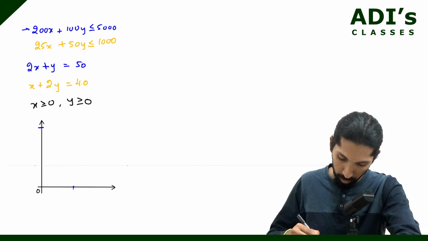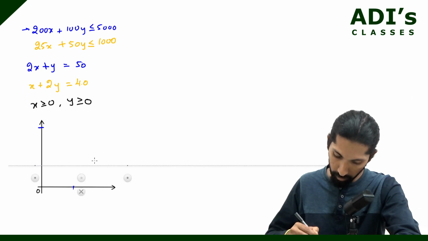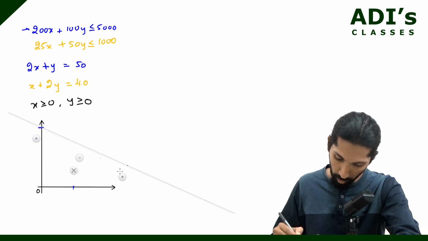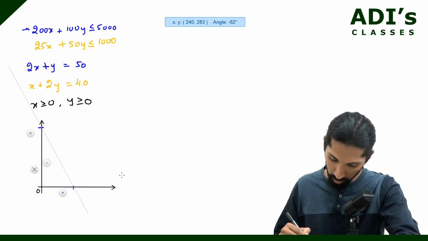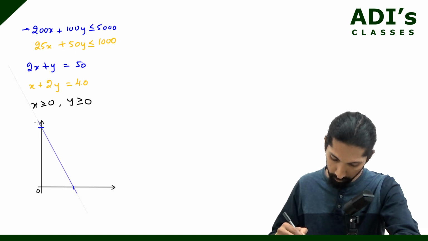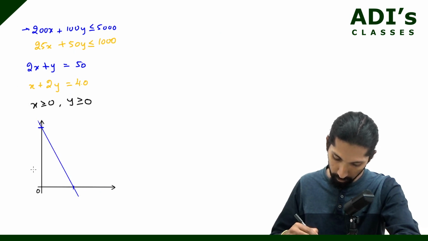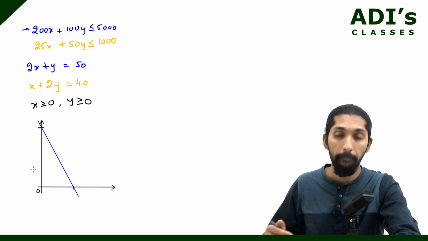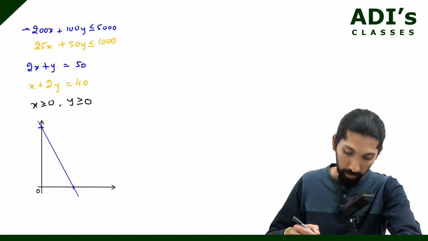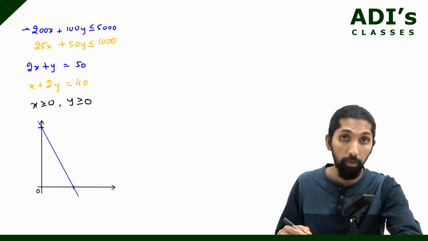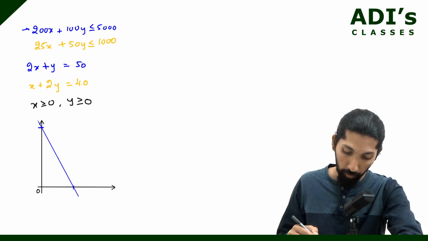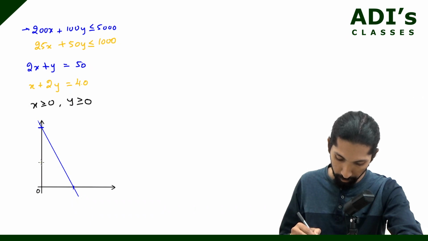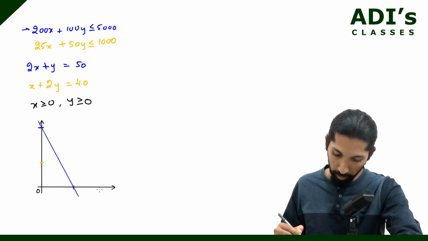Now we'll join these two points. 2 points are done, so this is the first line. The second line is x plus 2y is 40. If x is 0, y is 20. When y is 0, x is 40.